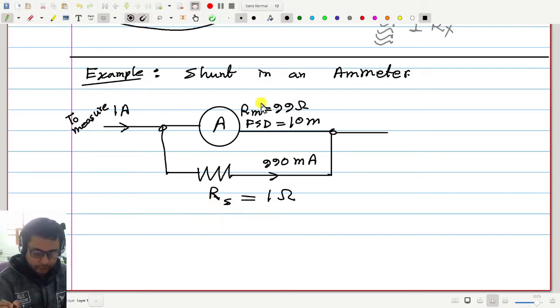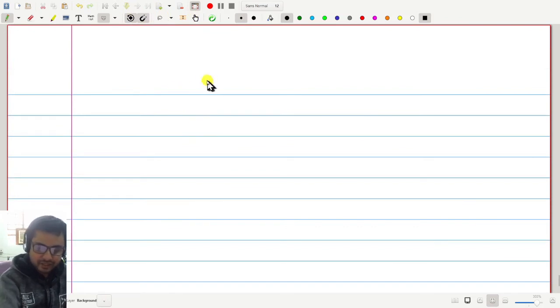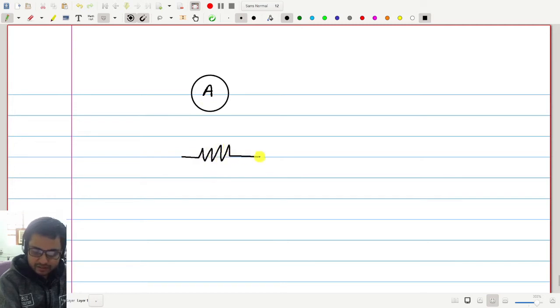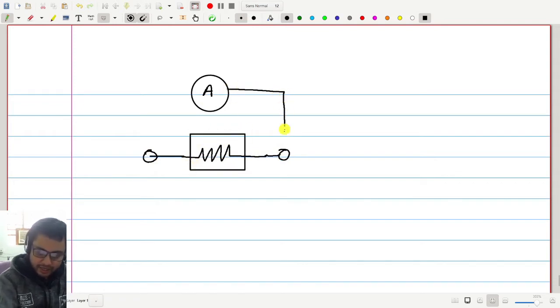And now if we use a 2 terminal resistance like this, with the ammeter, and a 2 terminal resistance I will take, and here I connect the 2 ends of my ammeter, and from here I take the external connection.